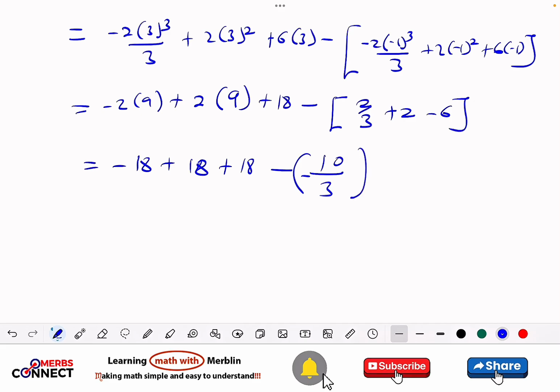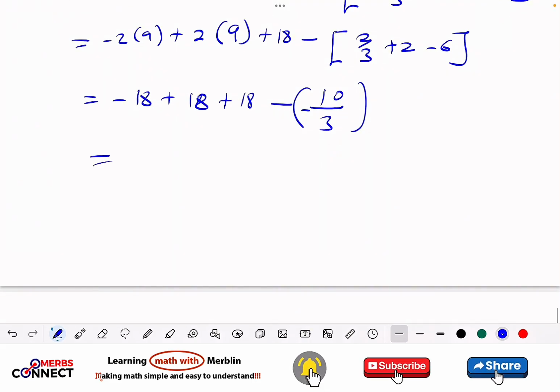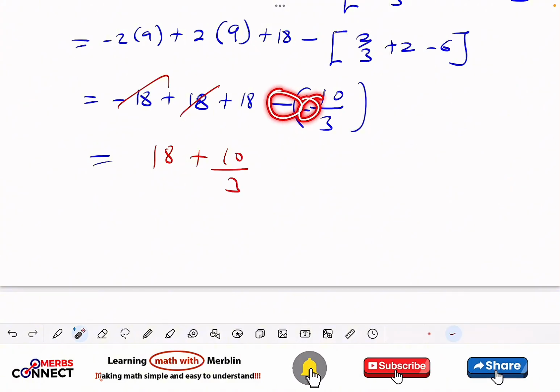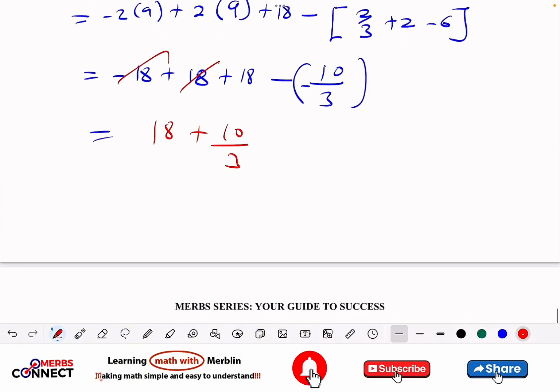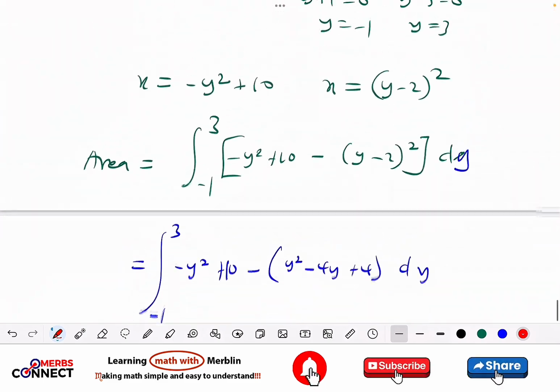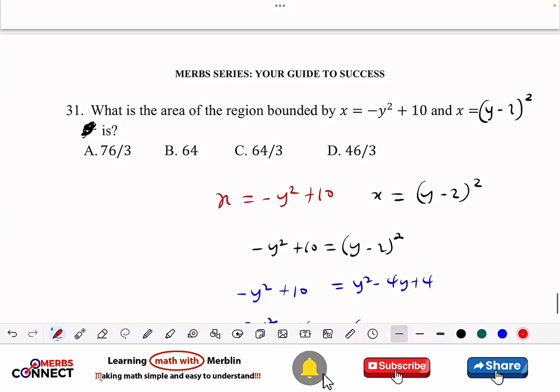So this will cancel this, so 18 plus 10 divided by 3, because this is minus. Do this and get 64 over 3. So let's see if we have 64 over 3 here. Okay, so this is C.